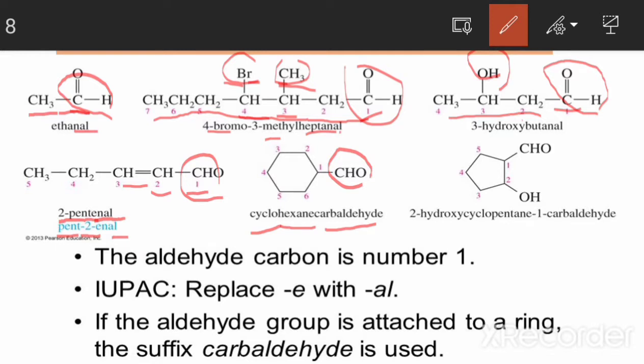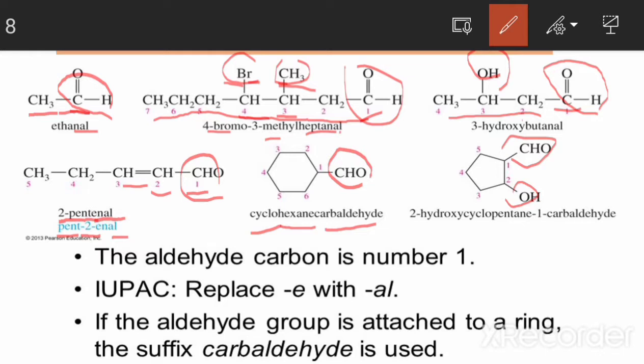And the other example is the five-membered ring structure on which the aldehyde group is attached, and this carbon will be named as first carbon, and the other group attached is a hydroxyl group. So we will start with the groups that are attached on the chain or ring.